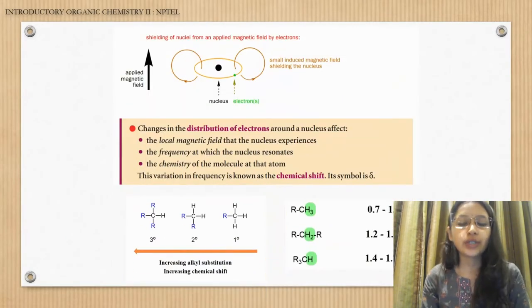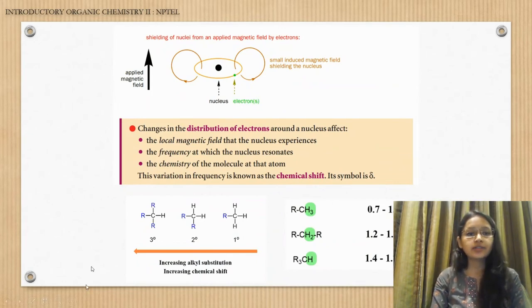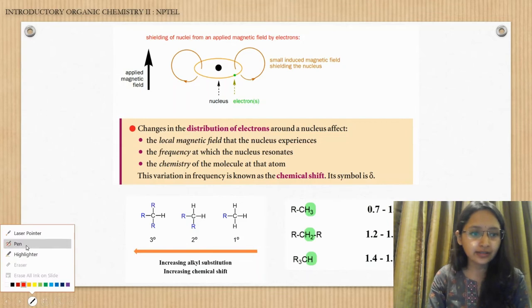Okay, so in the previous lecture I talked about the shielding effect. See, what is the shielding effect? As you have not attended the class, I will let you know again.